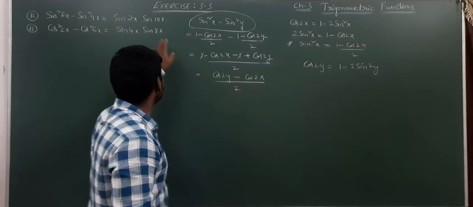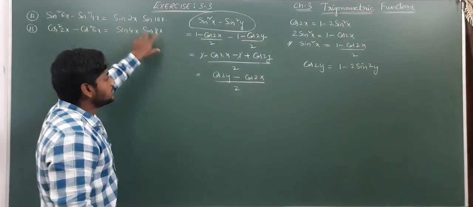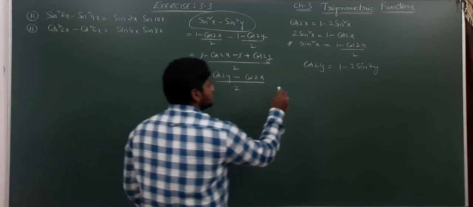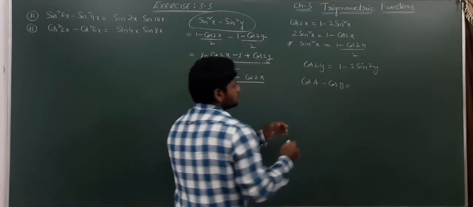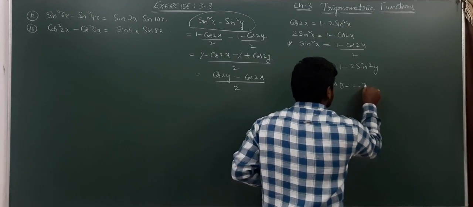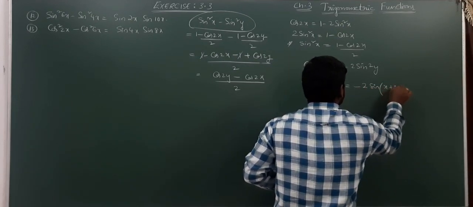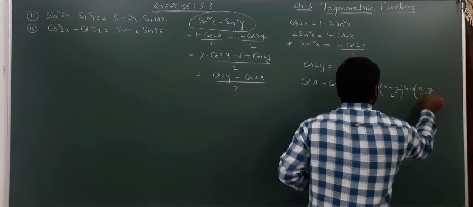But if you observe here, the RHS is not in terms of cos, it is in terms of sin. That means again we need to convert this. If you observe, this is in the form of cos a minus cos b. What is cos a minus cos b? That is minus 2 sin a plus b by 2 into sin a minus b by 2.